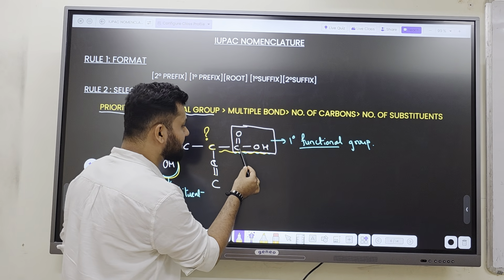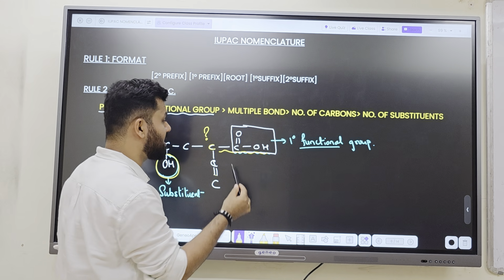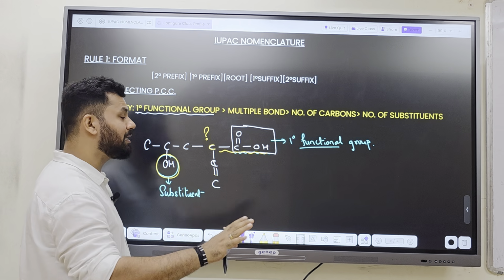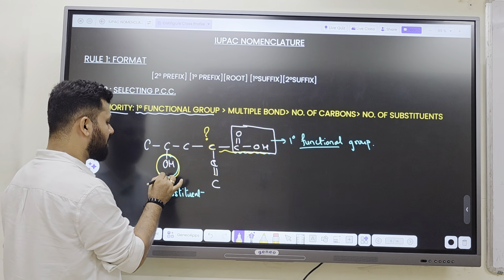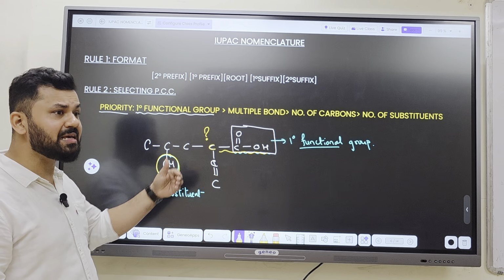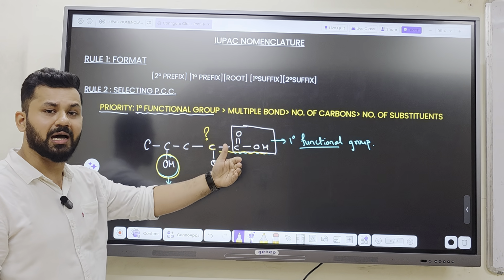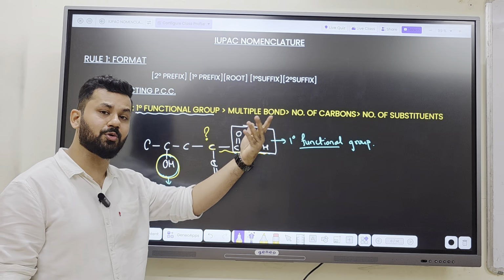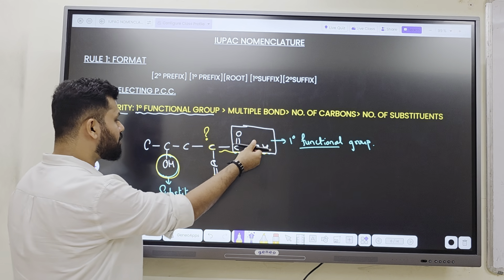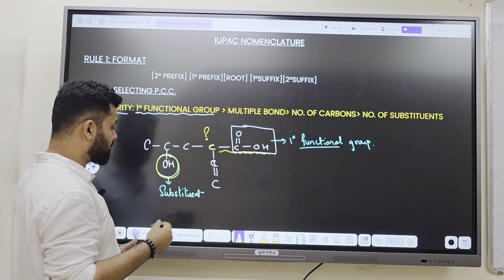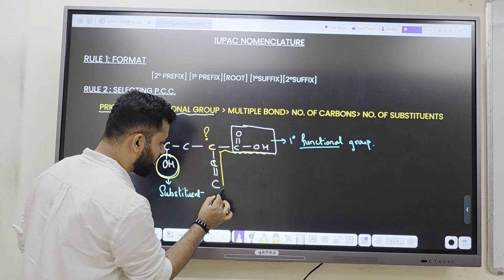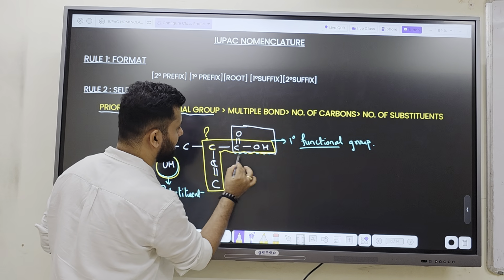The moment we have selected COOH as our primary functional group as per the priority list, automatically all other functional groups become our substituent. So this OH is like any other substituent like methyl, ethyl, ethoxy, methoxy, fluoro, chloro, and so on. So OH has become our substituent now. So you don't go like this because you want to select OH. No, that's not correct. We will come down from here and our parent carbon chain would become this one.